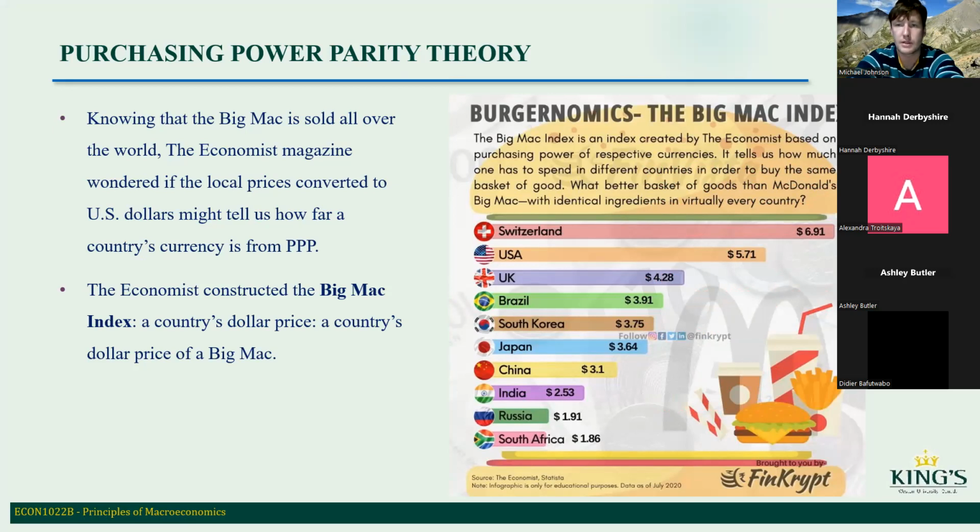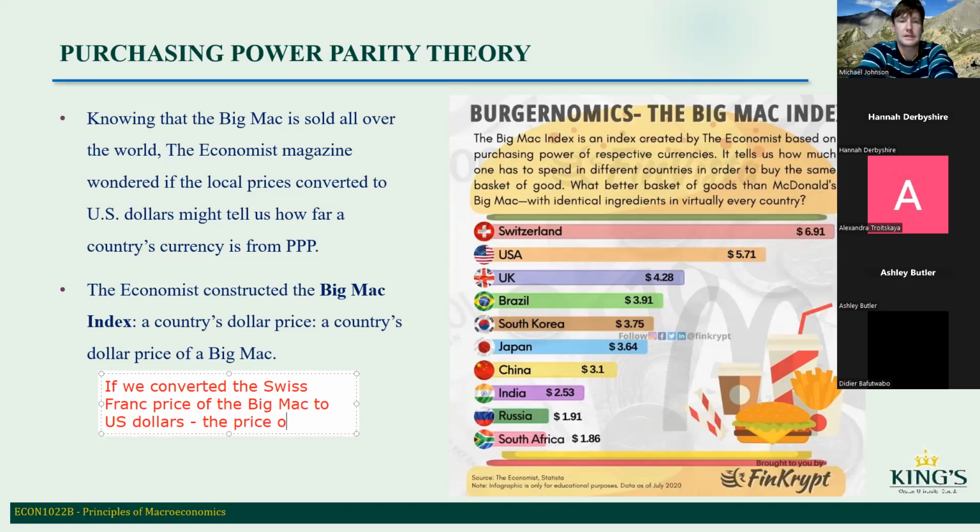In Switzerland, if we converted the Swiss franc price of the Big Mac to US dollars, the price of the Big Mac is highest.